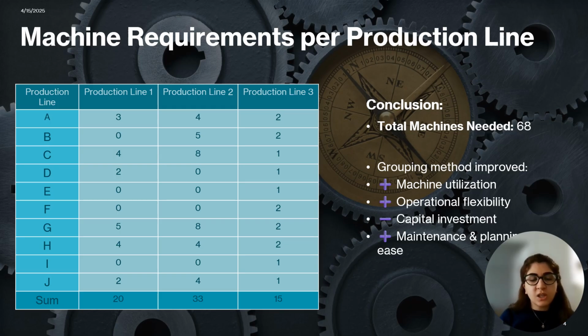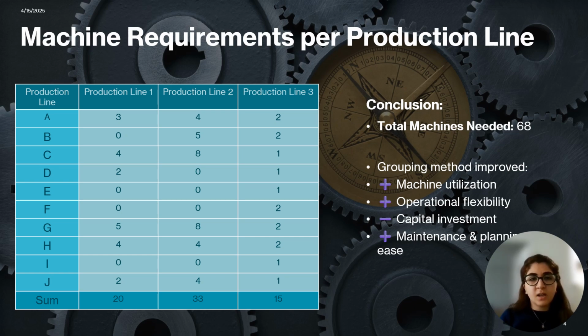In conclusion, using the grouped production line method allowed us to maximize machine utilization, improve operational flexibility, reduce capital investment, and simplify maintenance and production planning.